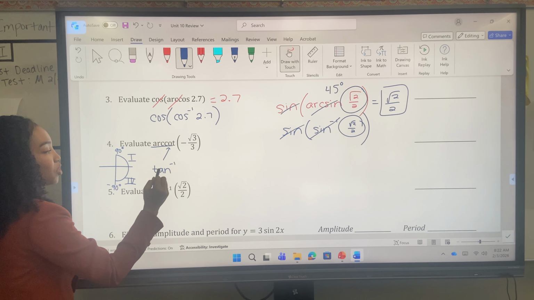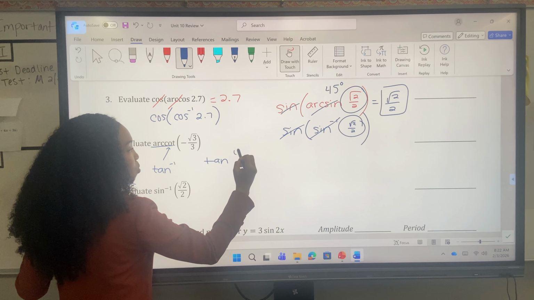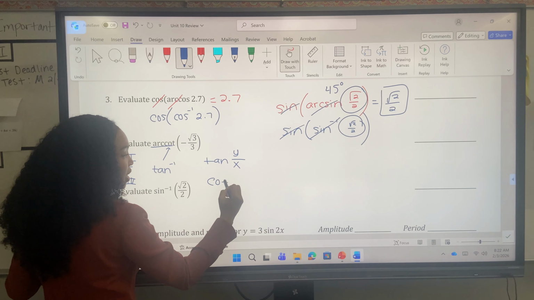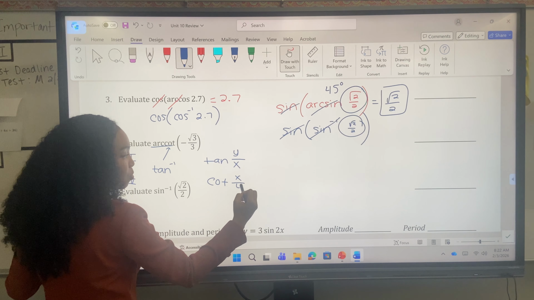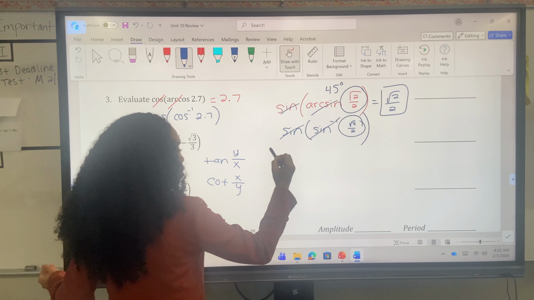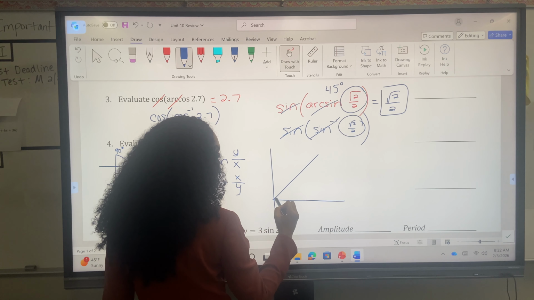So whenever you think of tangent, you always need to know that tangent is y over x. So that means cotangent is x over y, okay? So let's think about the unit circle. I'm just gonna do the 1st quadrant.